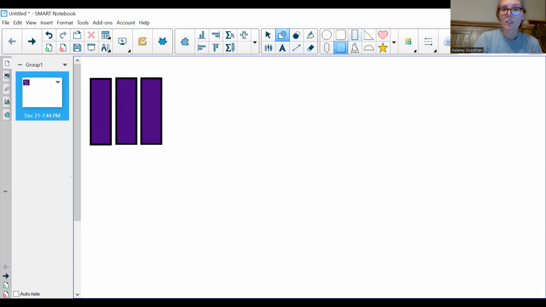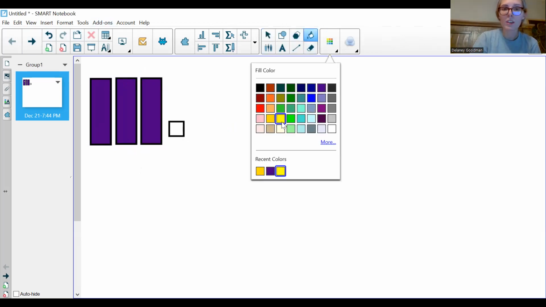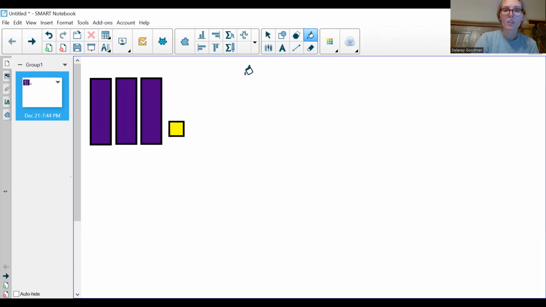So I need to draw 6 ones. I did not mean to do that, sorry. So we have 1, and I'm going to color them yellow so you don't forget what they are.